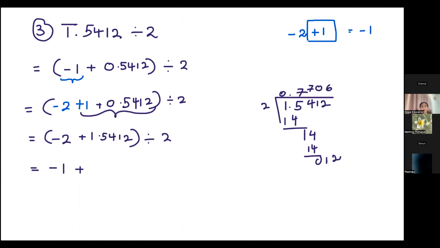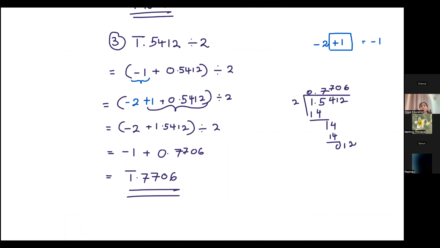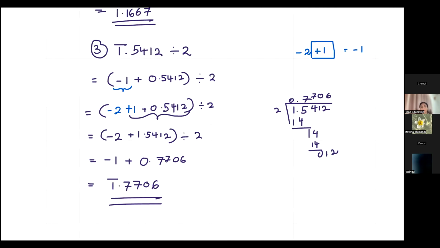We have 0.7706. And when we combine with bar 1, we get bar 1.7706. Okay. Don't write this yet because we will do another example.